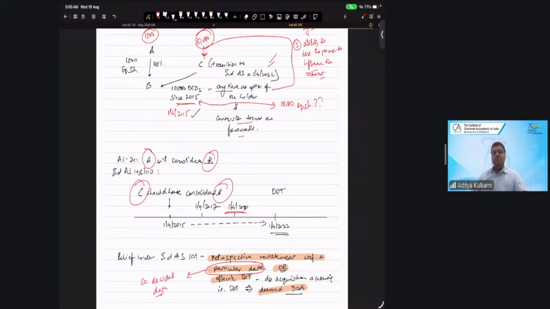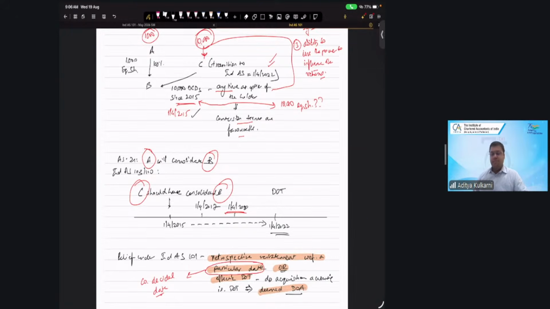So therefore, C has to follow Ind AS for standalone and consolidated financials also. Now, if C has to follow the consolidation under Ind AS, it should consolidate B. Yes or no? Forget transition relief. I'm not coming there.